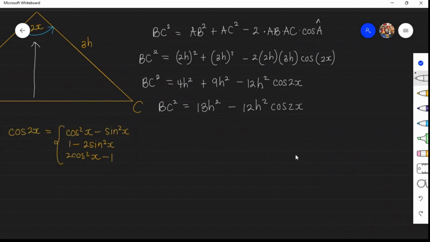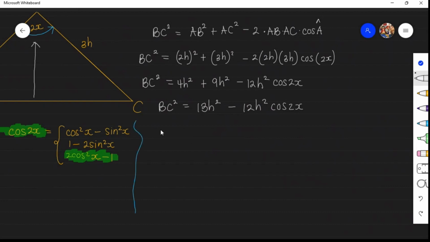So which one are we going to use? If you remember, their value of BC only had cos in it. It didn't have sine. So we're not going to use anything that has sine in it. So we are going to use cos 2x equals 2 cos squared x minus 1, because that is the only identity that has cos only.